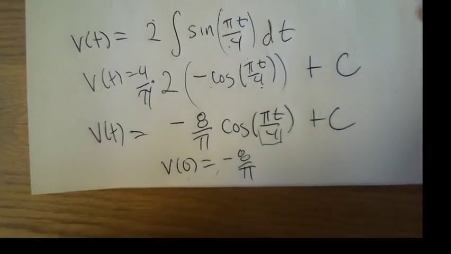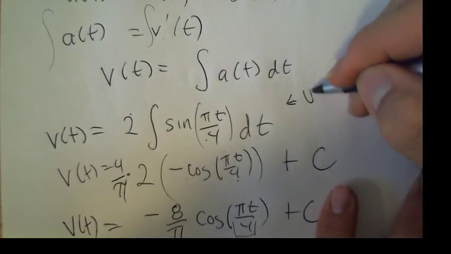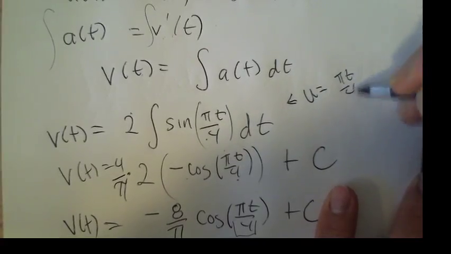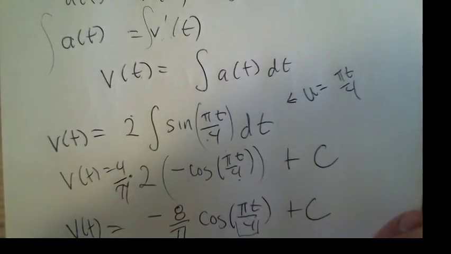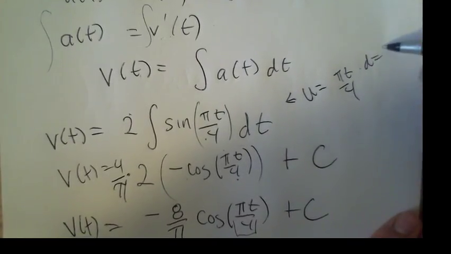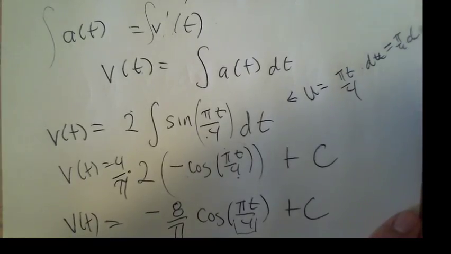Again, if you're having trouble seeing this, I would do this substitution, and then du is going to be pi over 4 dt.